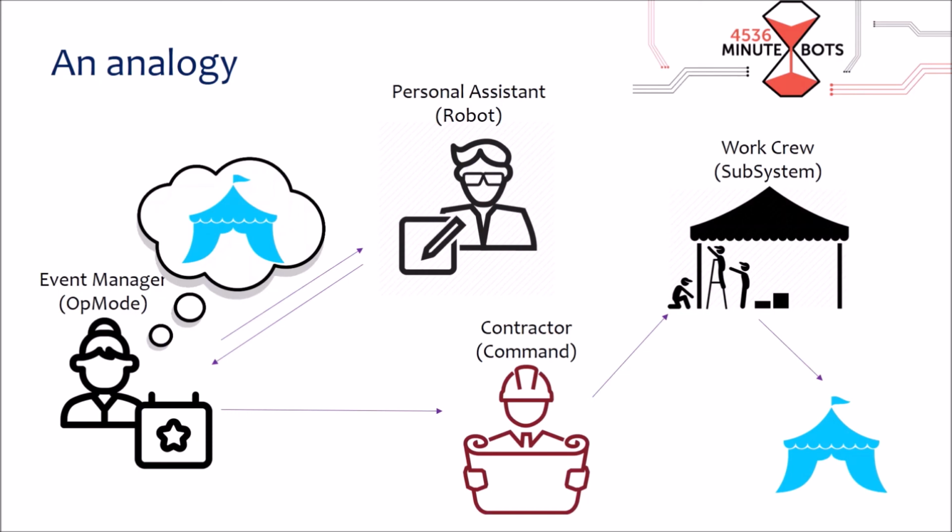So by breaking this up into different concerns, different specializations, we enable this system to work quickly and efficiently. And if anything goes wrong, we can usually track down where it happened and fix it relatively quickly. So with that, we're going to move on to looking at OpMode, robot, and command as we go forward.